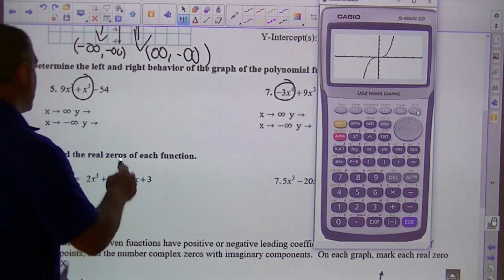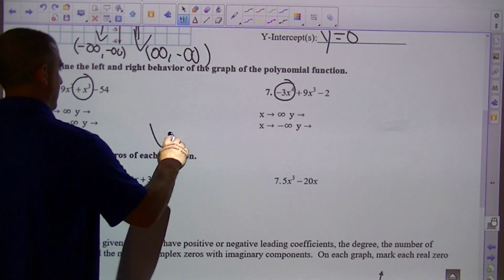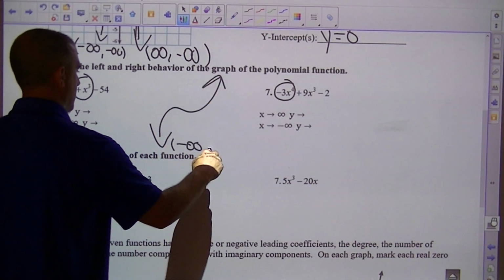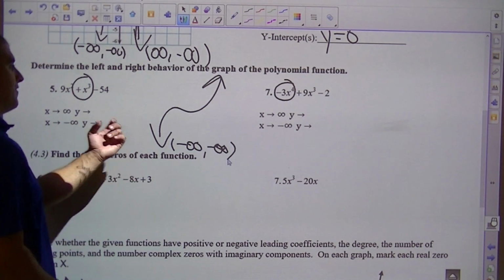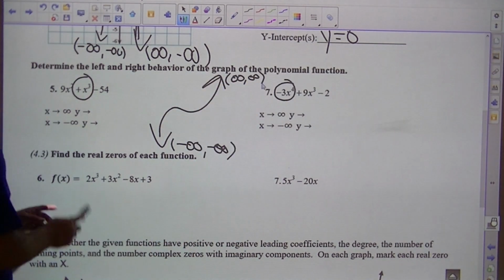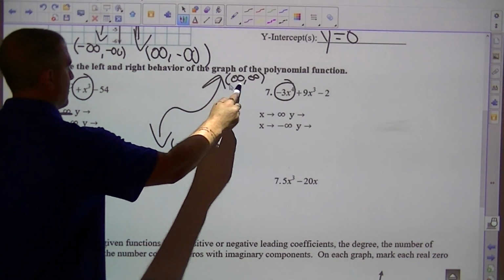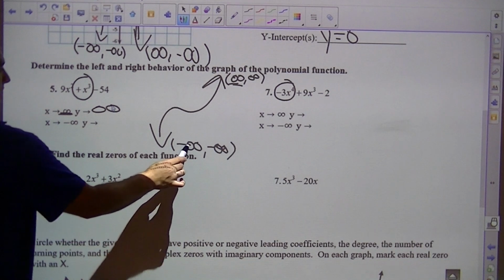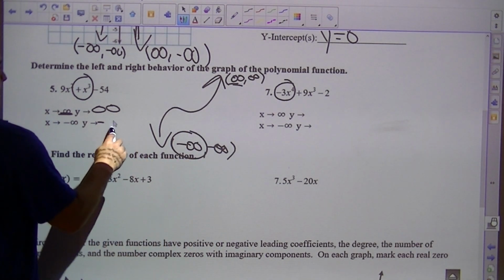Okay? So what I got there is I got this. So this would be negative infinity, because it's left pointing down. This is positive pointing up. So as x approaches infinity, that's talking about this. Okay, the y would be infinity. As x approaches negative infinity, this would be negative infinity.